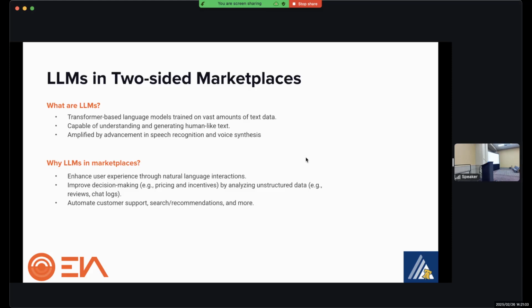That is a particularly strong strength of large language models, that they are able to find insights and patterns and process a large amount of unstructured data. They can automate customer support and search and recommendations and more that's relevant in two-sided marketplaces.